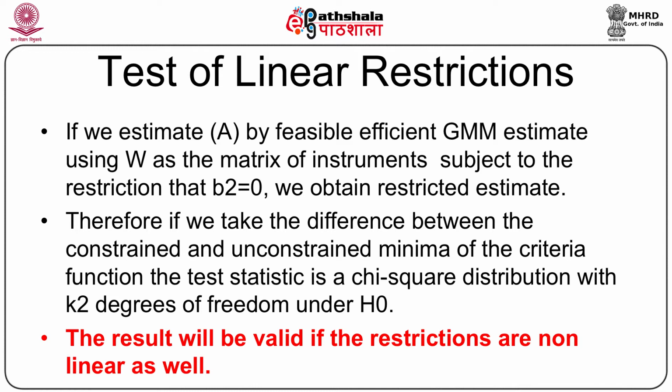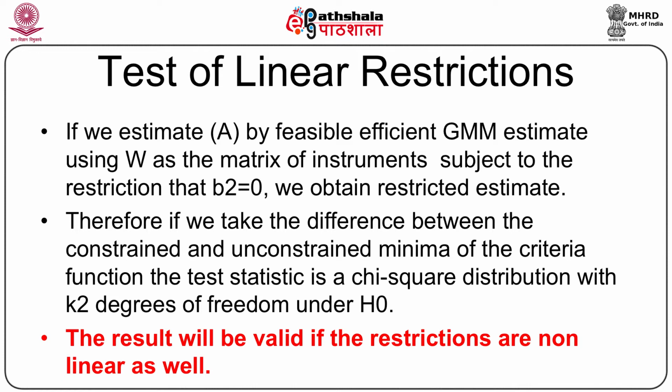So what we do is estimate the restricted version and the unrestricted version of the model, and then take the difference between the constrained minimum and the unconstrained minimum of the criteria function, and this should follow under H0 a chi-square distribution with the total number of restrictions, which is equal to k2.